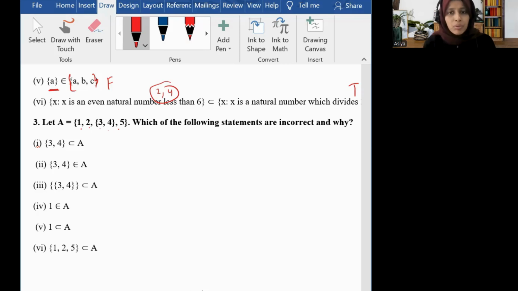{3, 4} is a subset of A. They have written it as a subset. No, it is an element. So I will have to write belongs to instead of subset. Please be clear with this. Suppose I replace it by a big O. Can I write O is a subset of A?